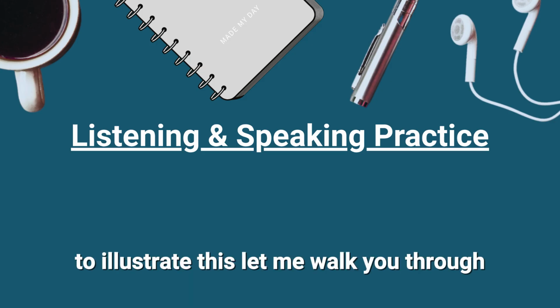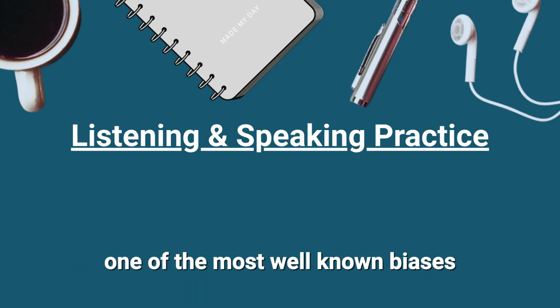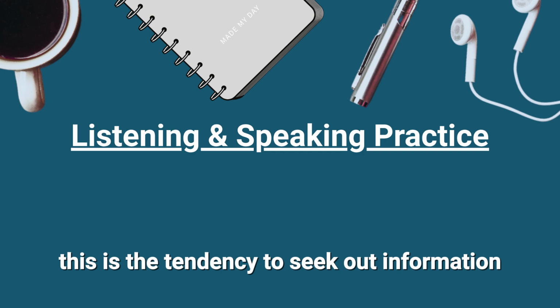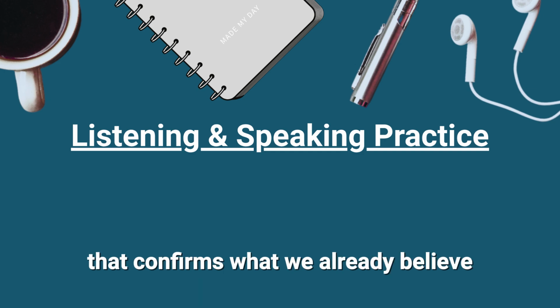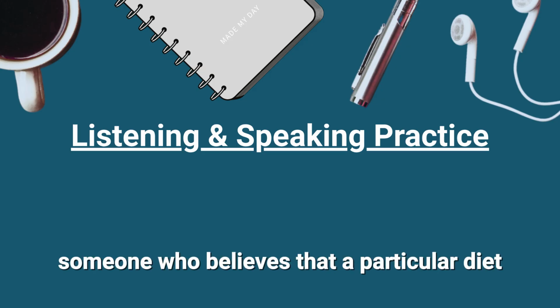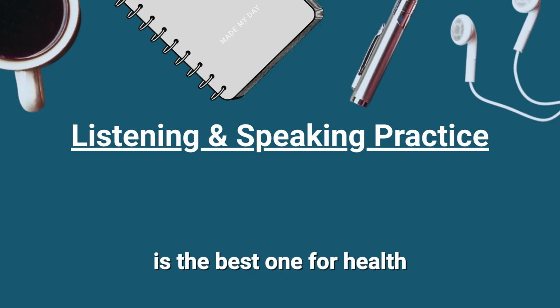She says, "Cognitive biases are mental shortcuts that our brains use to process information quickly. While they're often helpful, they can also lead us to make poor decisions or misinterpret situations. To illustrate this, let me walk you through one of the most well-known biases, the confirmation bias. This is the tendency to seek out information that confirms what we already believe, while ignoring evidence that contradicts it. Take, for example, someone who believes that a particular diet is the best one for health.